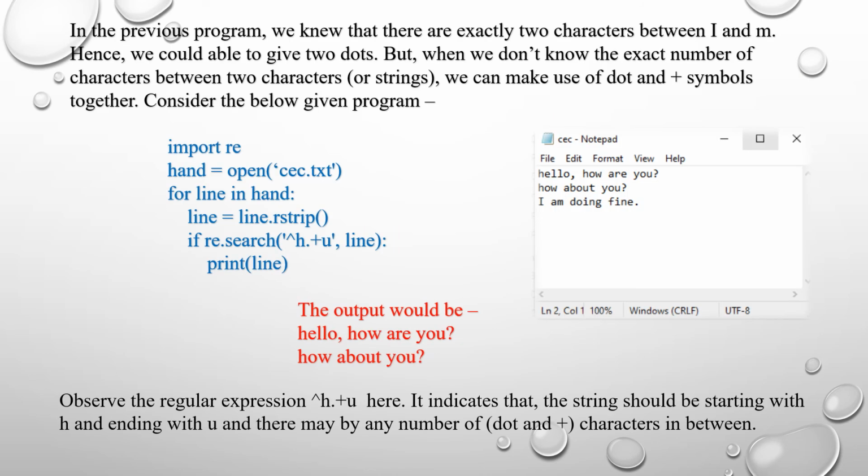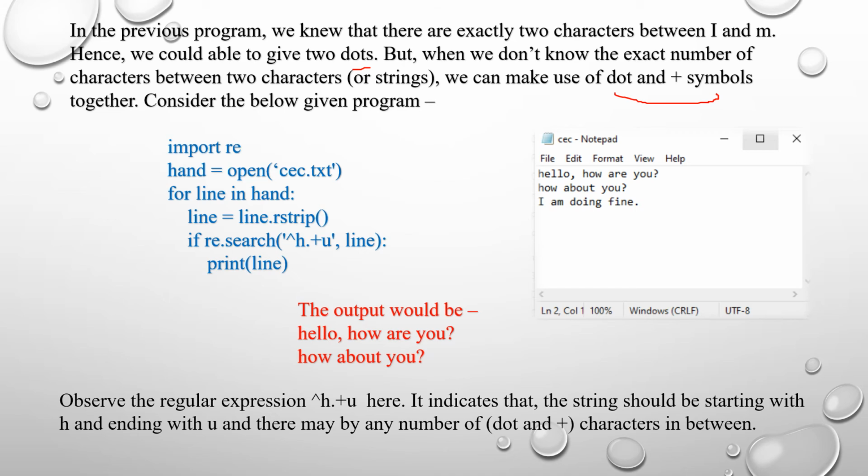In the previous program, we knew that there are exactly two characters between I and m, hence we could give two dots. But when we don't know the exact number of characters between two characters or strings, we make use of the dot and plus symbols together. So let's consider one particular program.